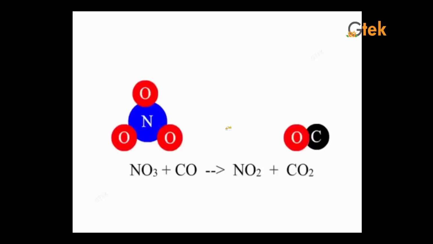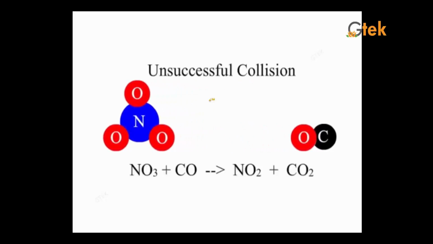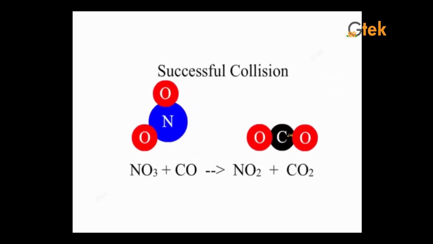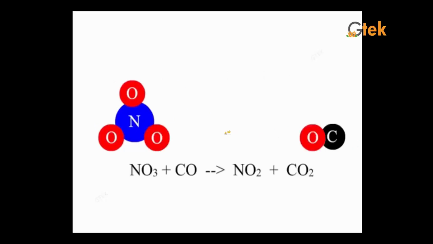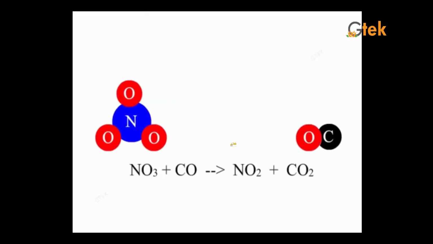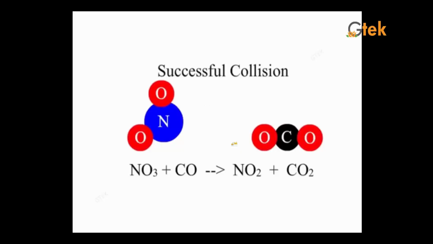Let's see how it works. You are able to see this is called an unsuccessful collision. Now I am changing the direction. Now it's able to capture it. This is called a successful collision. So that's the difference.